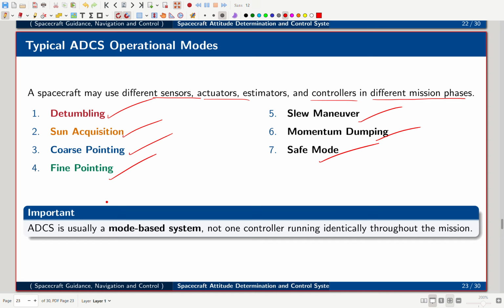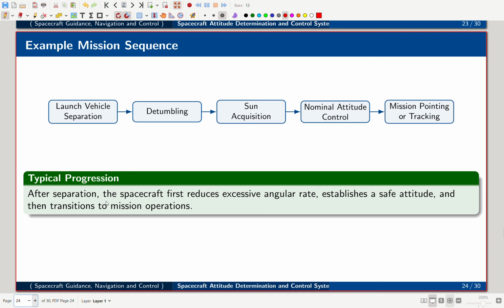So importantly, ADCS is used in a mode-based system, not one control running identically throughout the mission. Based on the mode, the control has to be changed, to transition, so that stability is maintained, and based on the mode, we achieve our requirements, right?